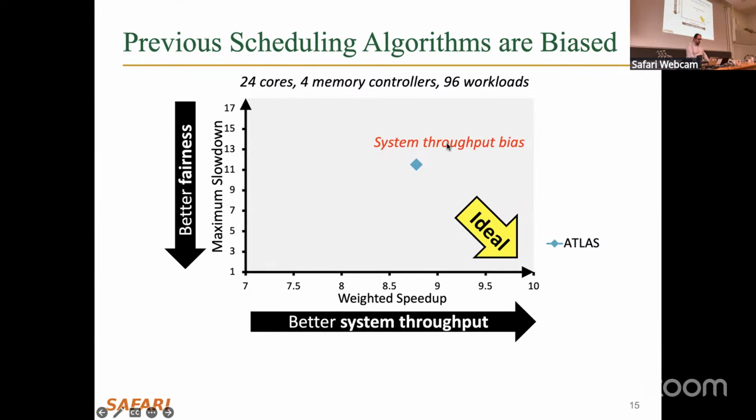Atlas, which focuses mostly on system throughput, belongs here. You can see that it provides relatively good performance, but in terms of fairness, it's not very good. PAR-BS tries to be much more fair, so the maximum slowdown is lower, but in terms of speedup, it doesn't provide good performance.